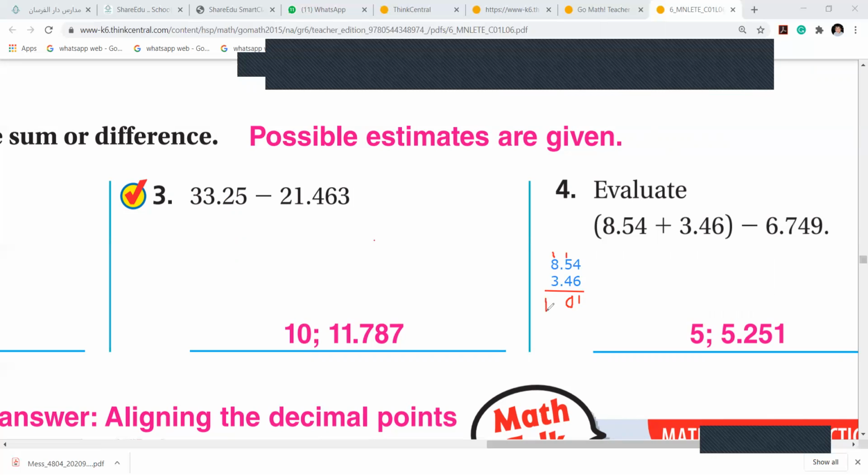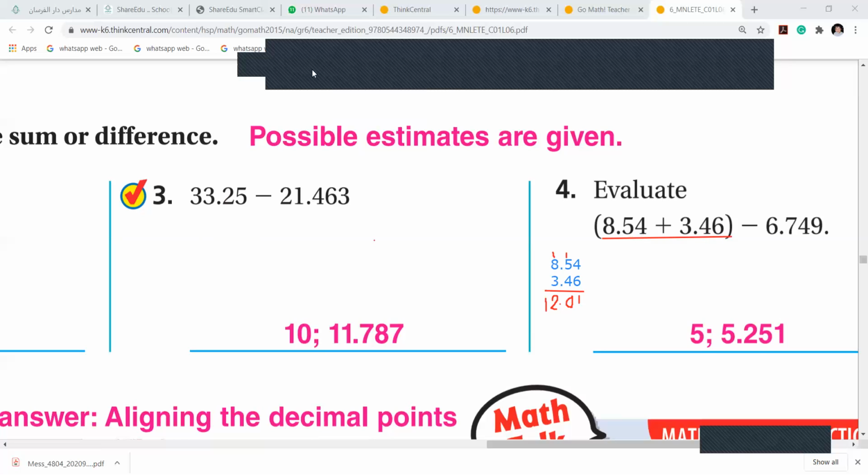I got 12.01. First, I added this. When I add this, I got 12.01.